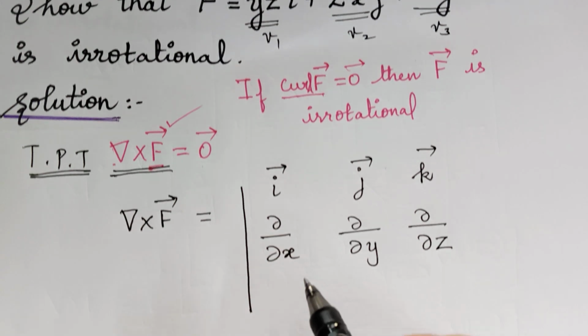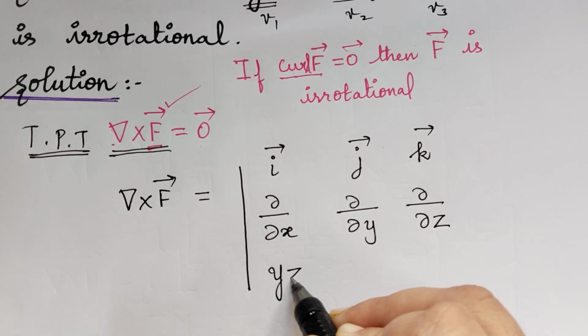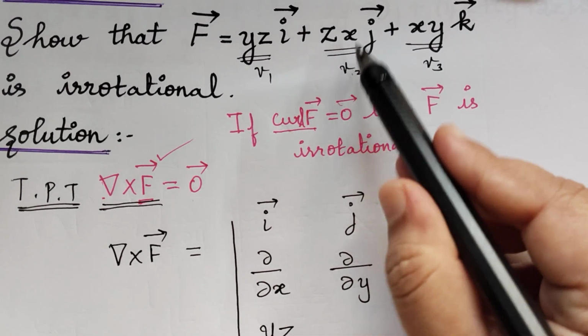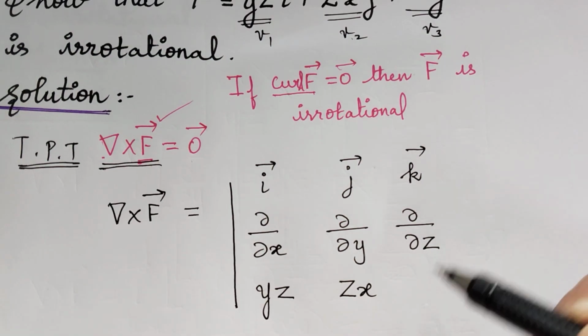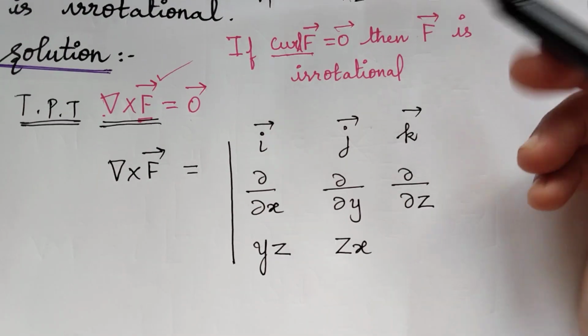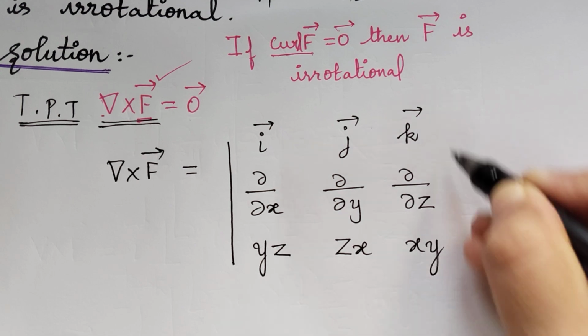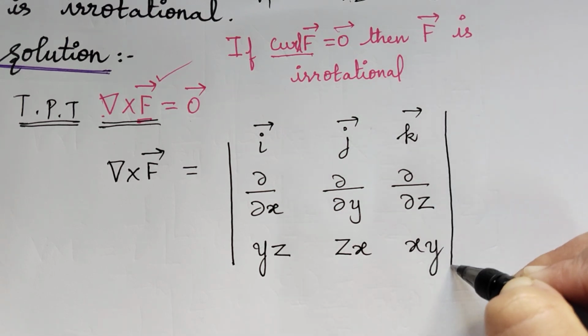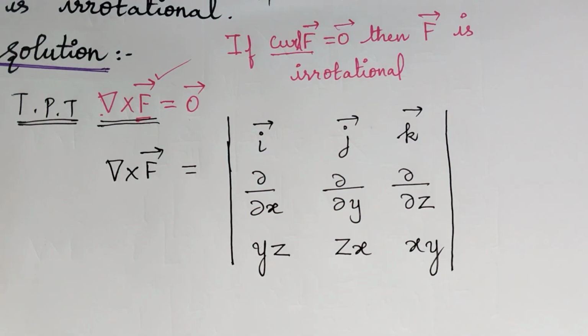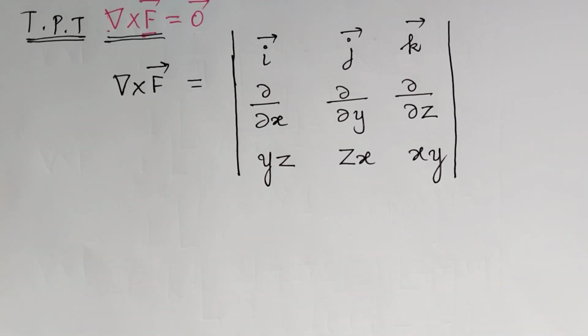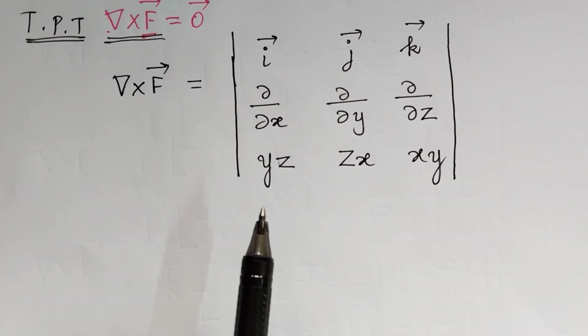So we have to write v1 first, which is yz. And then v2, what is v2? zx. And next is v3, what is v3? xy. So let us take and write that. If you look into the previous video lectures on the topic curl, you will understand why we have written it so. Yes, now we shall find the determinant of this matrix.